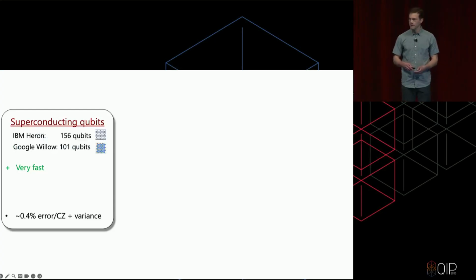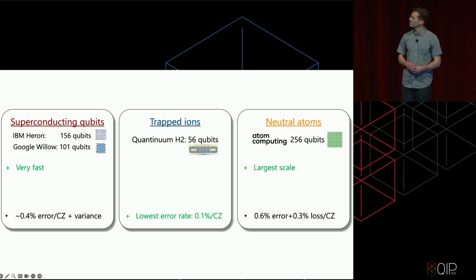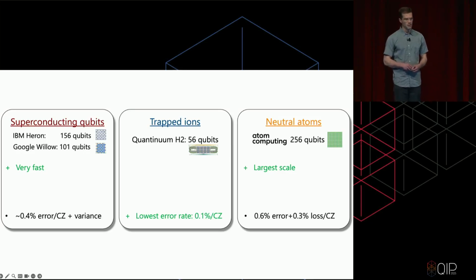So let me begin with a very brief and incomplete and superficial summary of the state of a few of the commercial quantum processors out there today. So we have superconducting qubits, trapped ion qubits, and neutral atom qubits. Superconducting qubits, of course, exemplified by IBM and Google systems, have around 100 to 150 qubits.